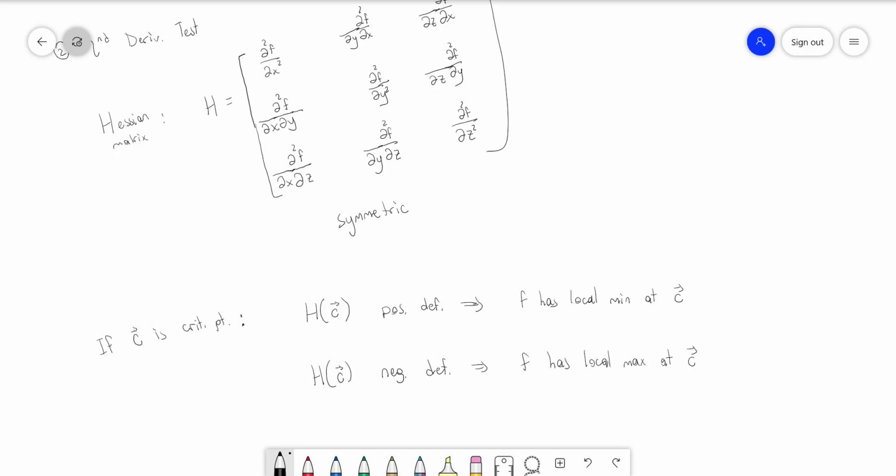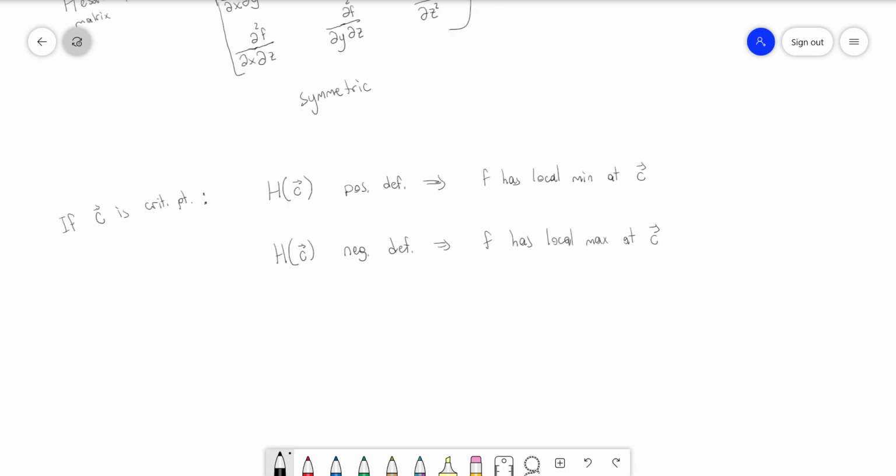And then I guess otherwise it would have a, let's see here. I guess I would characterize it like this. The other possibility is to have a saddle point.